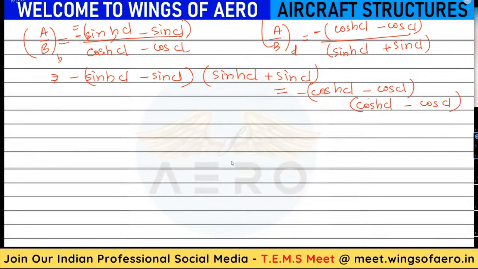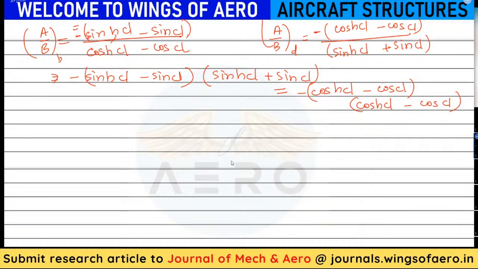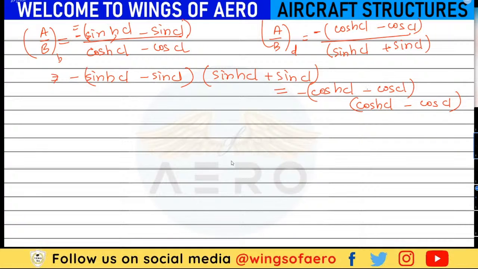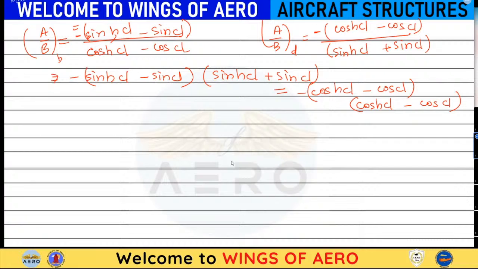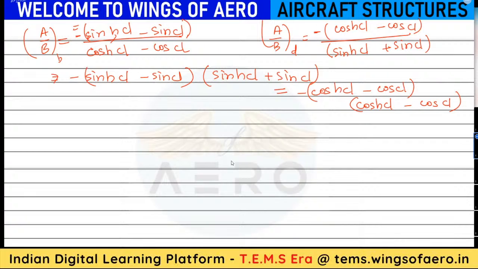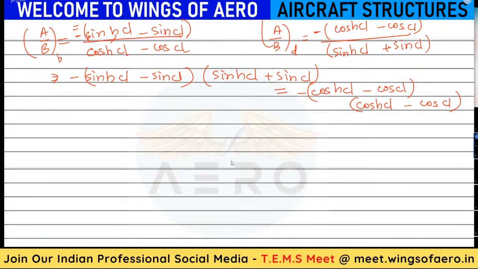Is this equation correct? Please let me know. I think there is a mistake within some plus and minus. It's coming in the form of A plus B into A minus B. No, I think there is, is this equation correct? Just a second. Just check once and tell me. I think there is some.